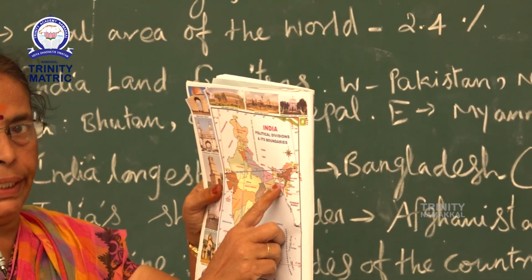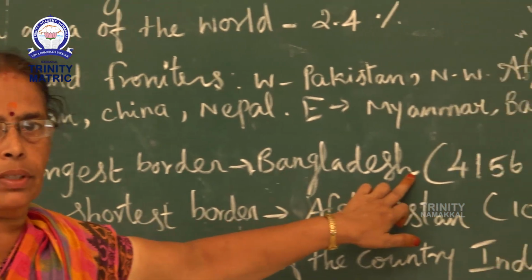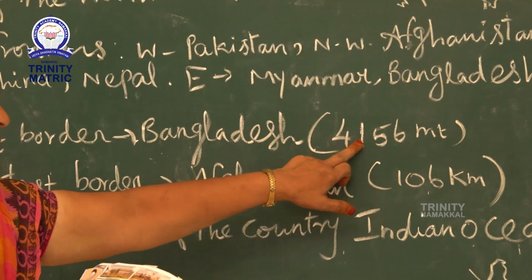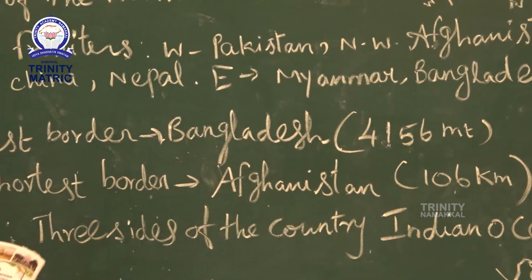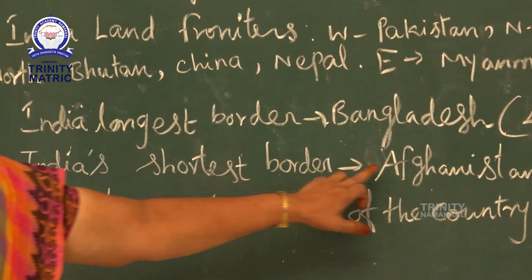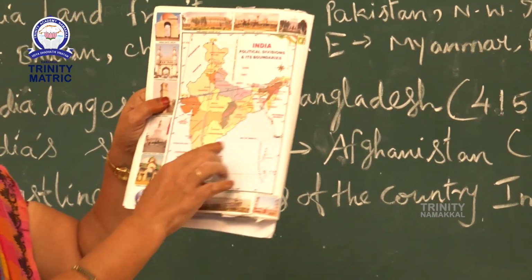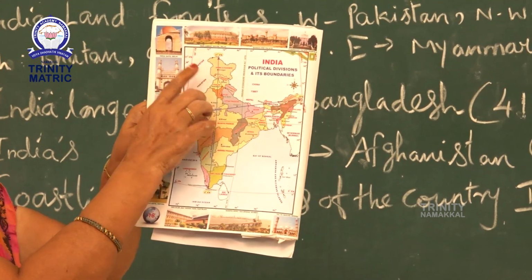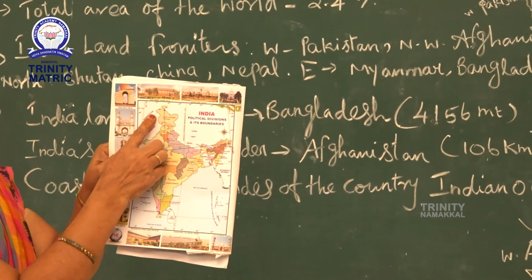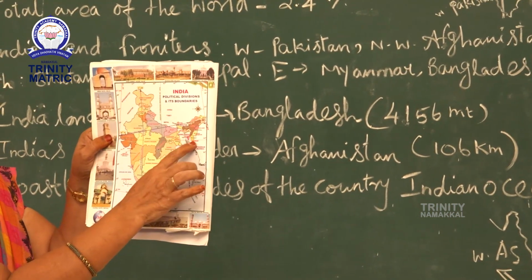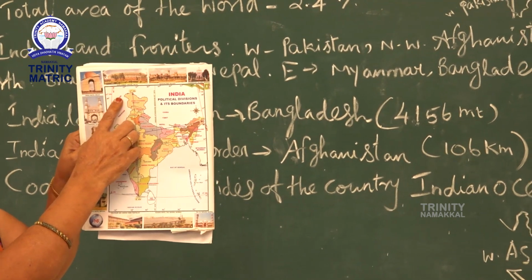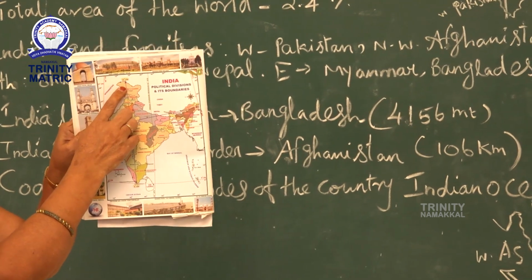What is that in kilometers? 4,156 kilometers. Then India's shortest border is with Afghanistan. What is that in kilometers? 106 kilometers. The longest is Bangladesh, and the shortest border is Afghanistan, 106 kilometers.